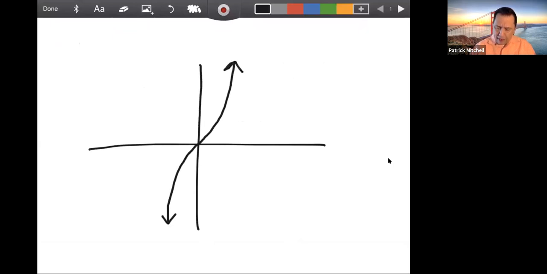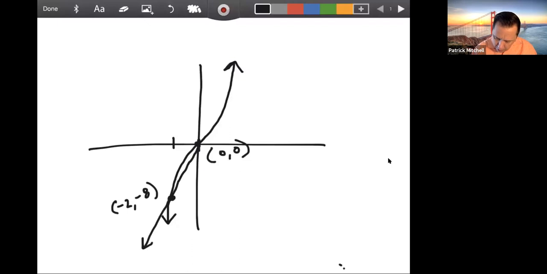So this average rate of change from -2 to 0 actually just represents the slope of the line that connects these 2 points. And that line, you'll hear this when you get to your calculus class, is called a secant line. Kind of a sloppy picture, but hopefully you get the idea.